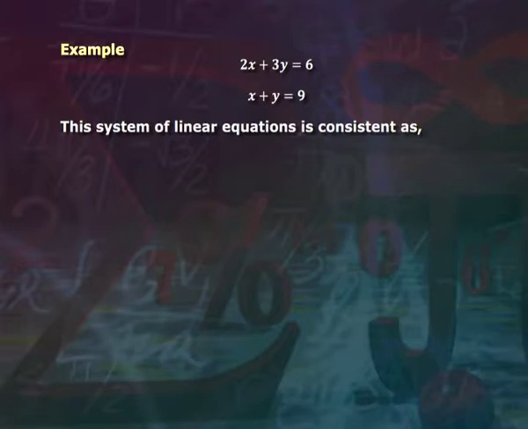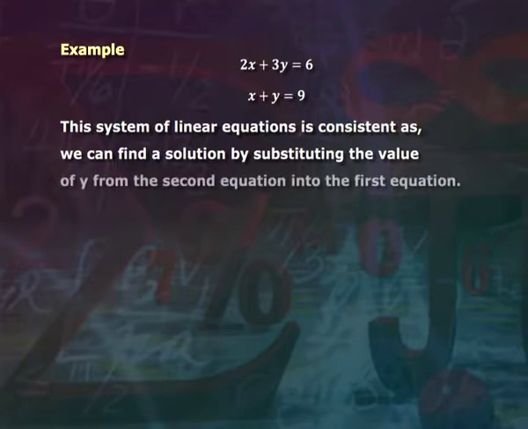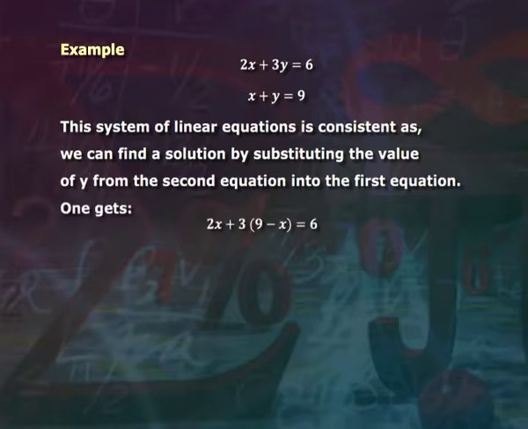Example: 2x plus 3y equal to 6 and x plus y equal to 9. This system of linear equations is consistent, as we can find a solution by substituting the value of y from the second equation into the first equation. One gets 2x plus 3 into 9 minus x equal to 6.